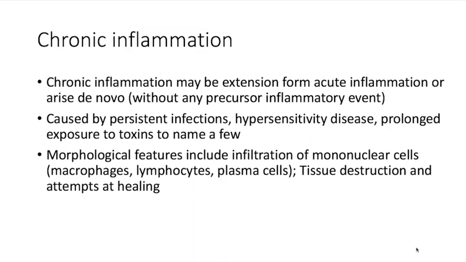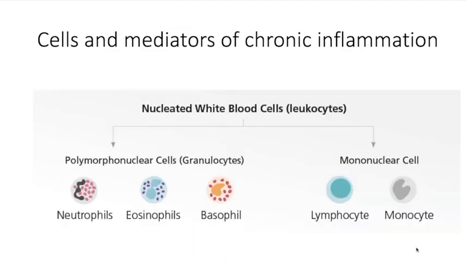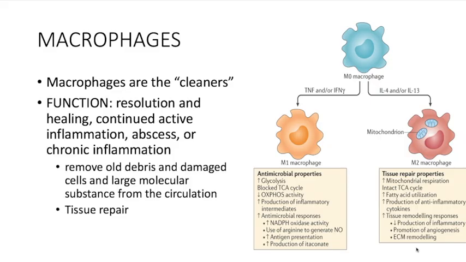This would be bringing more mononuclear cells, macrophages, lymphocytes, plasma cells, and then we may also have tissue destruction and poor attempts at healing. So chronic inflammation, so we have these polymorphonuclear cells, neutrophils, eosinophils, basophils, lymphocytes, monocytes. They may come more to the party in the chronic inflammation. So macrophages.